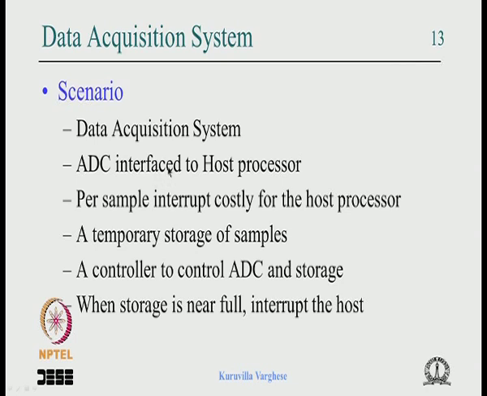Now normally the ADC is interfaced to a microprocessor or microcontroller, and what is done is that the processor tells the ADC to start the conversion, then when it is done the result is read.